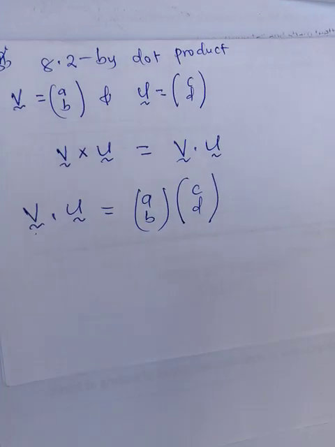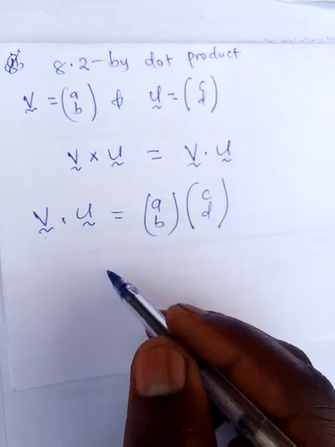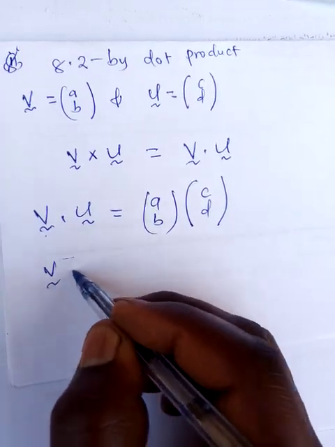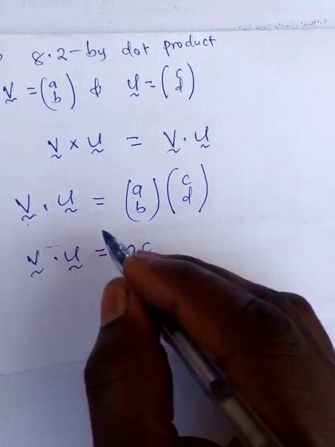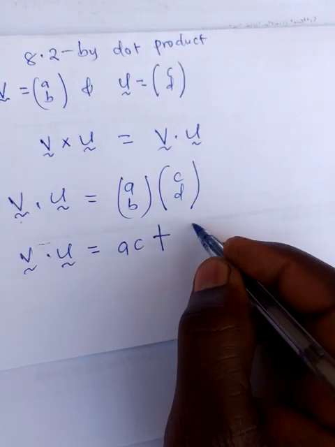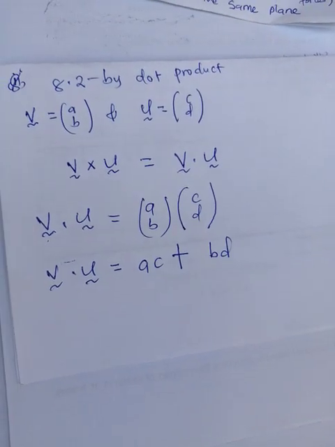What will happen is that they multiply corresponding entries. So vector v dot vector u will be ac, after multiplying, you add plus bd. Very simple.